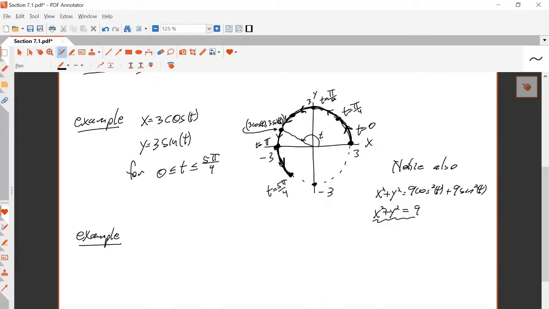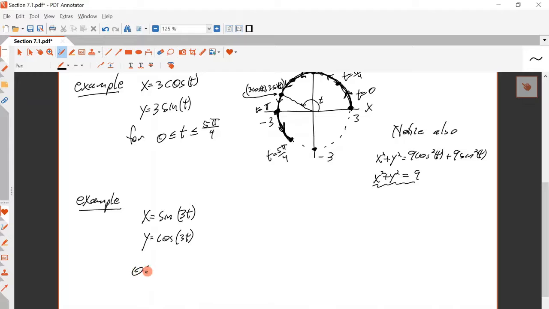Here's another example, sort of similar to that. Let's say x is equal to just sine 3t, and y is cosine 3t. And we'll say 0 is less than or equal to t is less than or equal to 2 pi over 3.